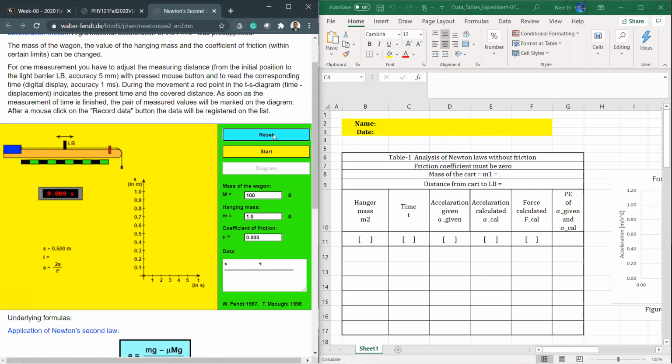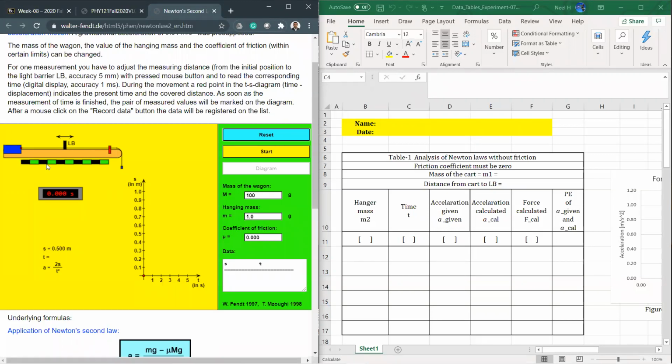If I reset this again, I can change the LB in between these two lines. This red point is the last point, and this point is the starting point. I can change those locations, but every time you reset, LB automatically goes back to 0.5 meters. You can see 3 numbers here in the middle of the yellow color region.